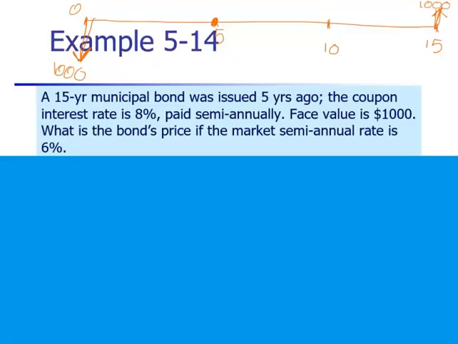Okay, and the coupon interest rate is 8% because bonds always come with the coupon, and based on the committed contract for that bond, they are going to pay you. For example, here in this case, they pay you interest semi-annually.